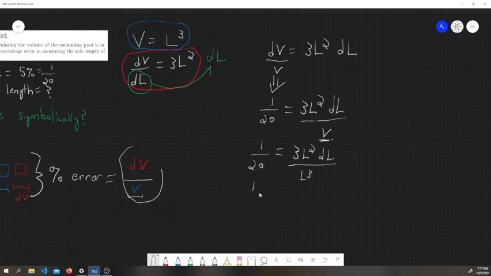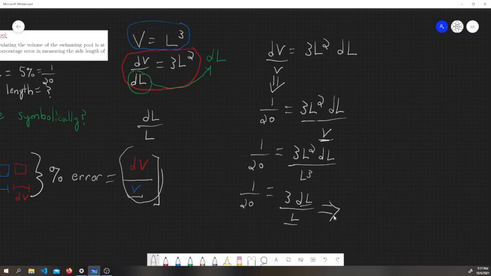And then we get 1 over 20 is equal to 3 dL over L. So similarly, if the percent error in our volume is dV over V, then our percent error in the side length is going to be dL over L. We already have a dL and an L here, so we're already looking good.